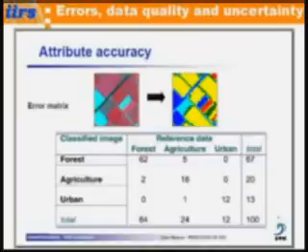One is the reference data where you know exactly what is the area of forest, what is the area of agriculture, what is the area of urban. But when you classify it, you don't get exactly all those things. Maybe you may get less. If you see this diagonally, forest has been classified into 62 pixels out of 100, and then 18 pixels have been classified in agriculture correctly, and urban is classified 12.